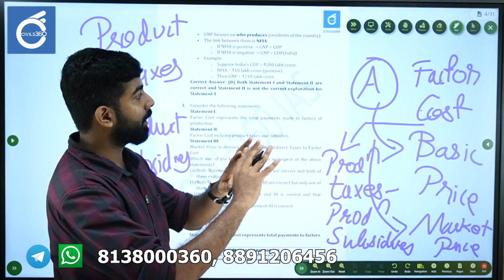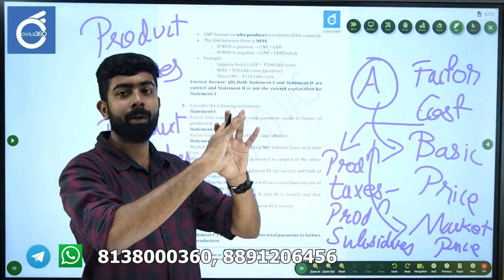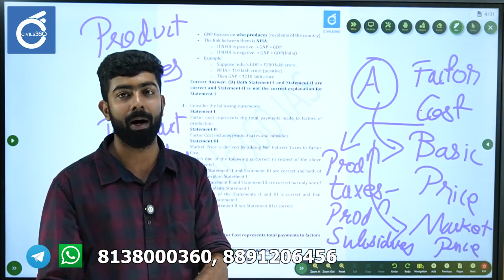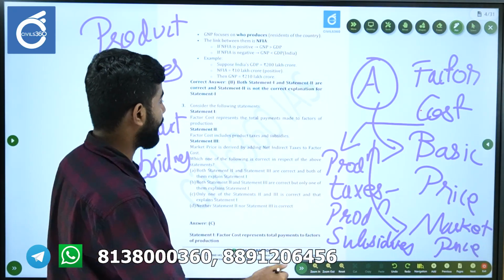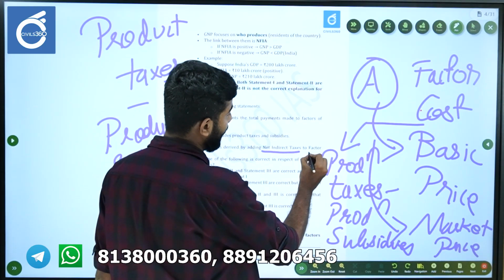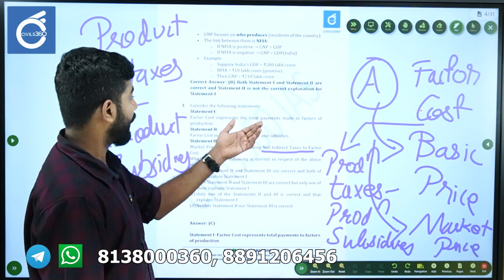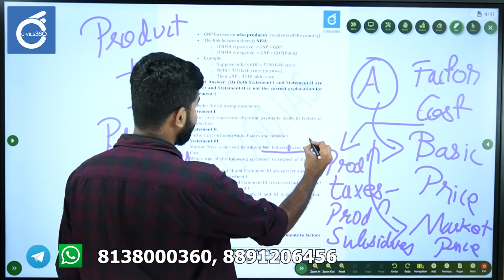So factor cost plus indirect taxes minus subsidies becomes market price, and that is what we call net indirect taxes added to factor cost. So this statement is correct.